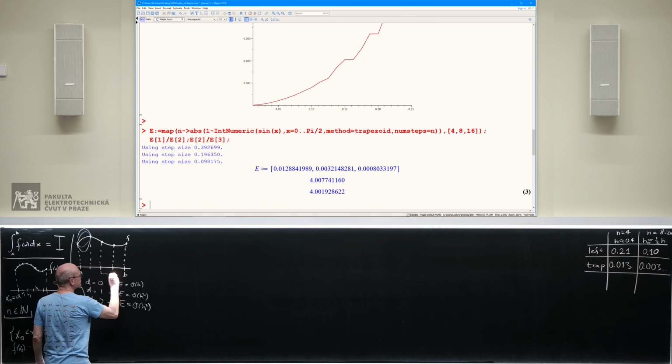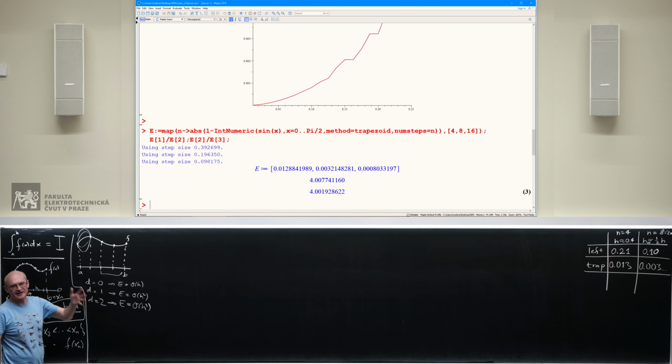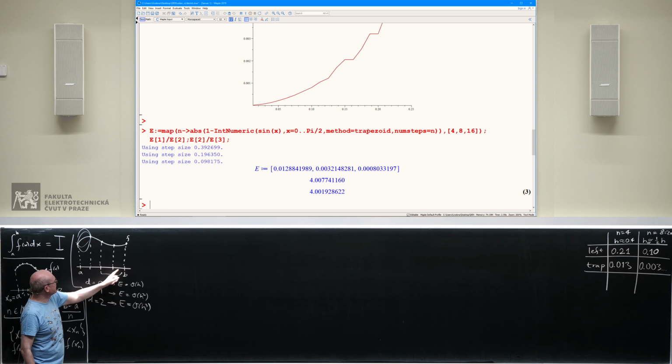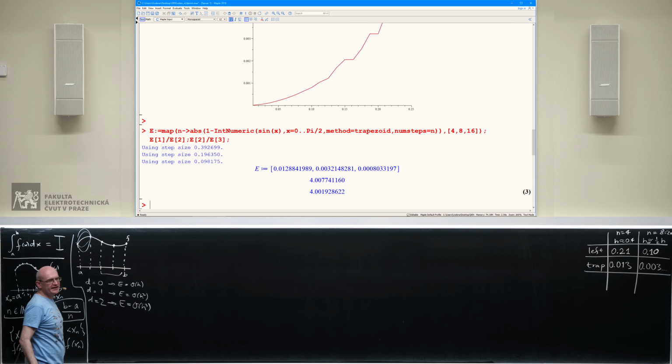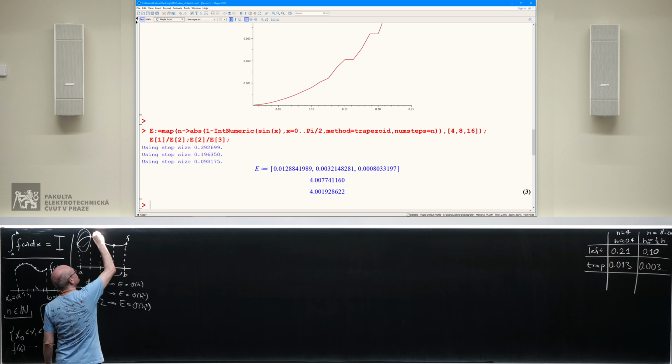And each group of 2 panels, I will call a panel again. It's a slight misuse of notation, but okay. This will now be a panel for me, a double panel, whatever. I see 3 pieces of data, and through 3 points in the plane, there goes a unique parabola. There is a unique quadratic function which passes like that.